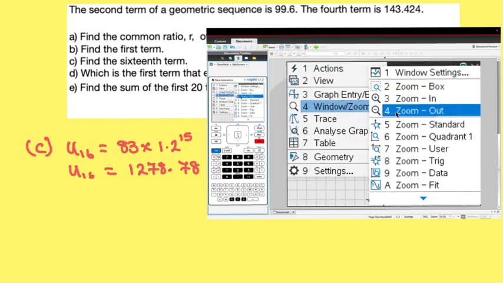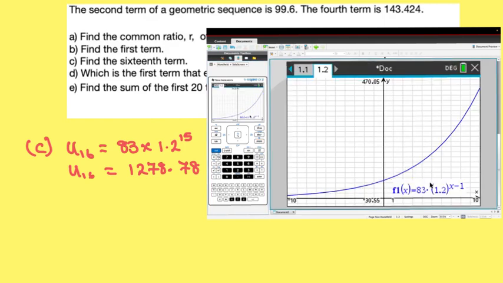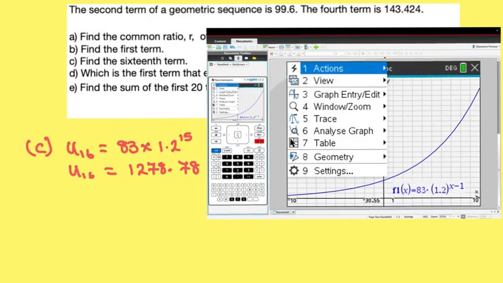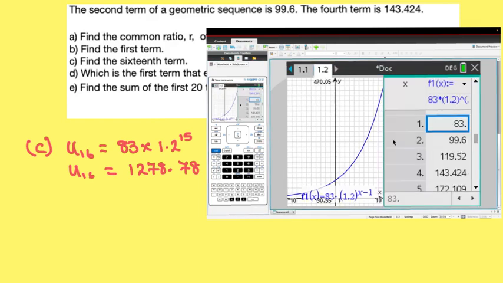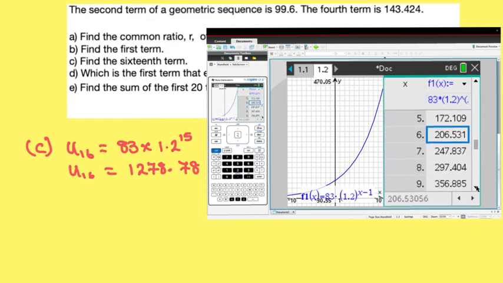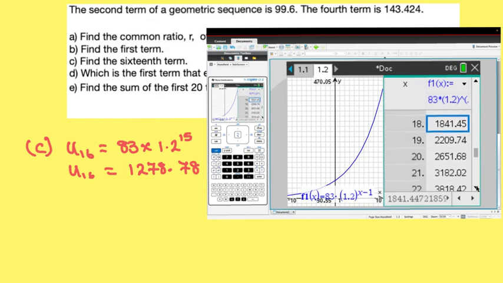So let's go there and go to Zoom Fit. There is our graph, but I'm not actually interested in the actual graph. I'm interested in the table. So if I go to menu, table, split screen table, and there is a table of my terms in my sequence.